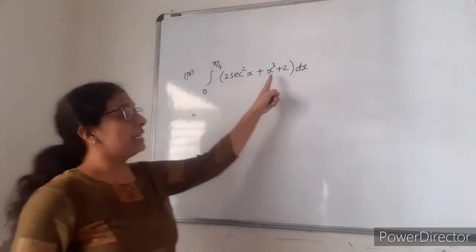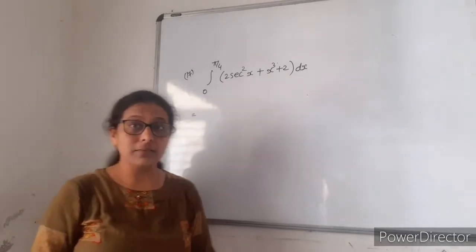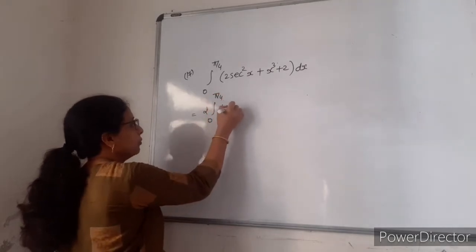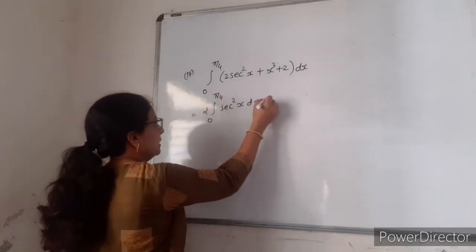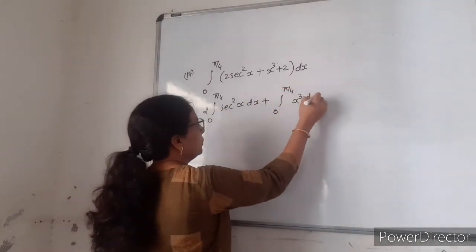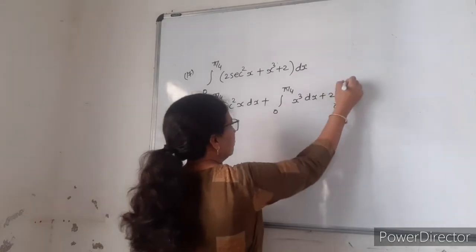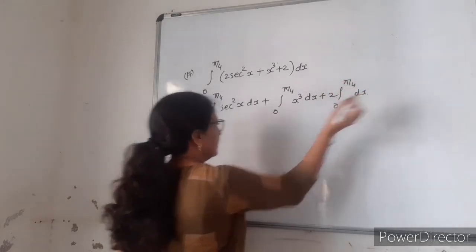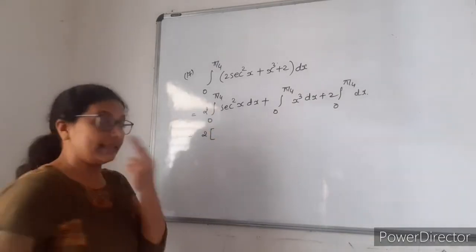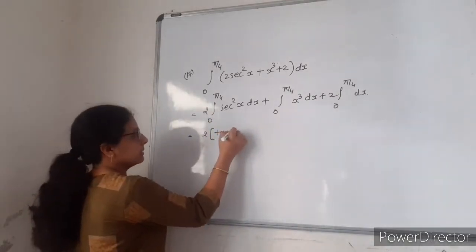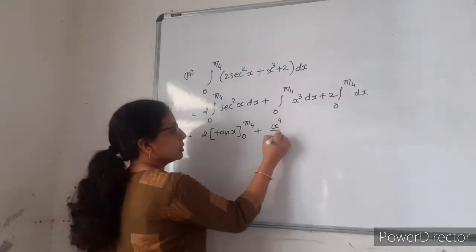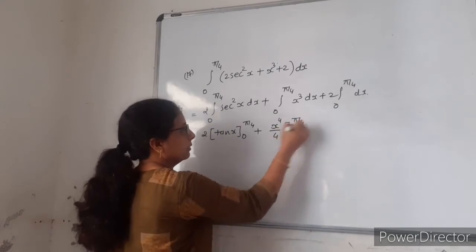So here we can separate the integration. Here it is 2 times the integral from 0 to pi by 4 of sec square x dx, plus the integral from 0 to pi by 4 of x cube dx, plus the integral from 0 to pi by 4 of dx. The integration of sec square x is tan x.